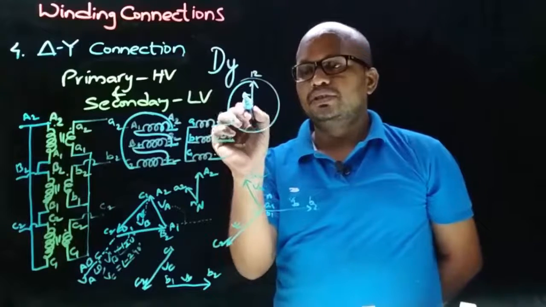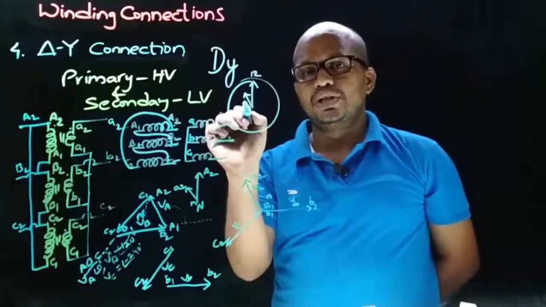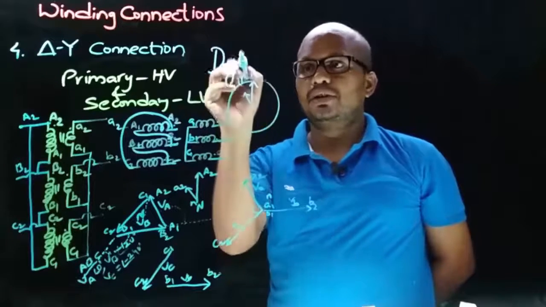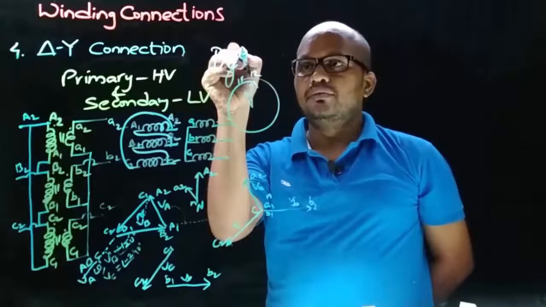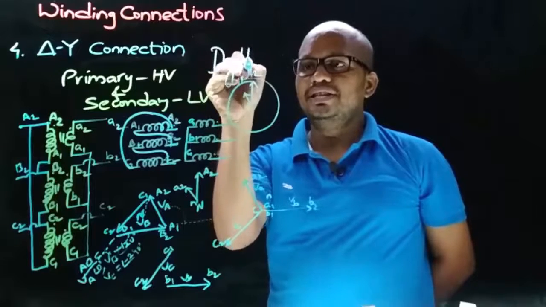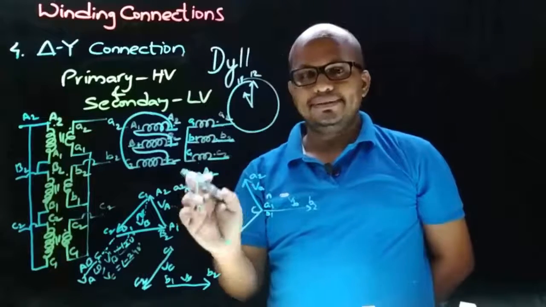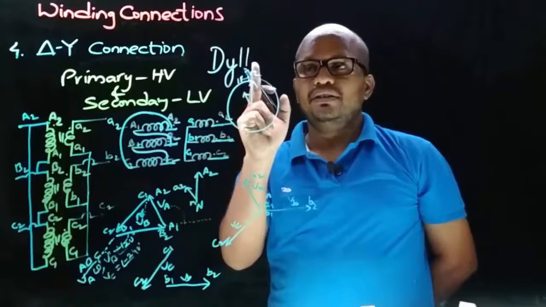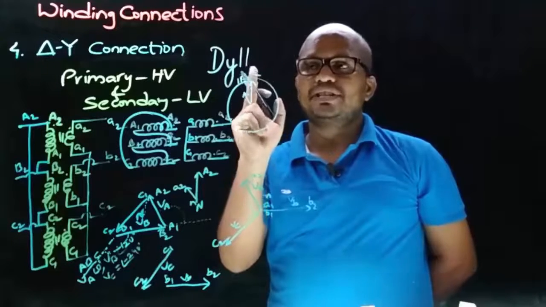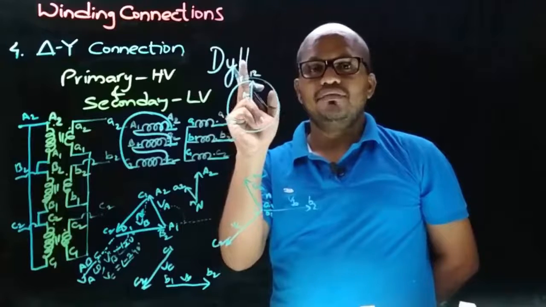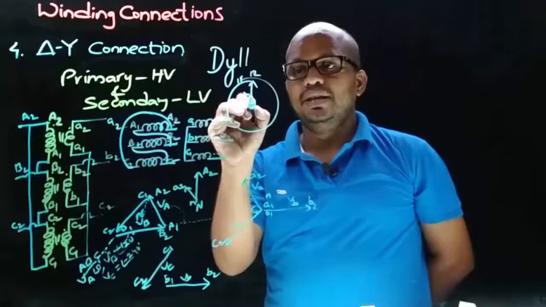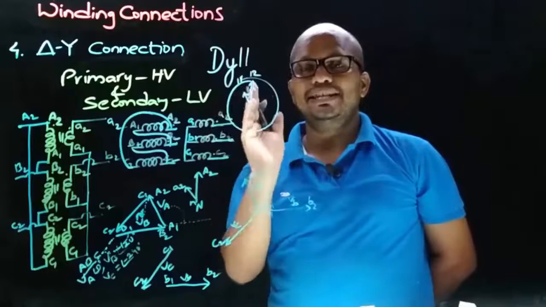So now the secondary side phase to neutral voltage will point towards 11, meaning the numerical in the vector group symbol here is 11, because this represents 11 o'clock, and which will indicate the LV winding phase to neutral voltage displacement with respect to the HV winding phase to neutral voltage, and that is given by the angle between the minutes needle and hours needle in the clock.